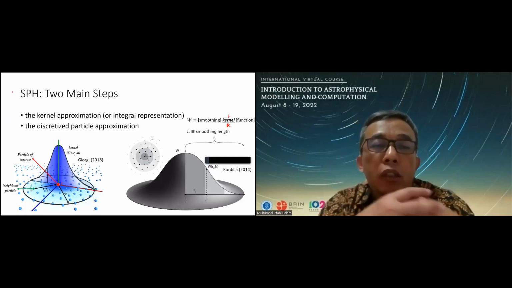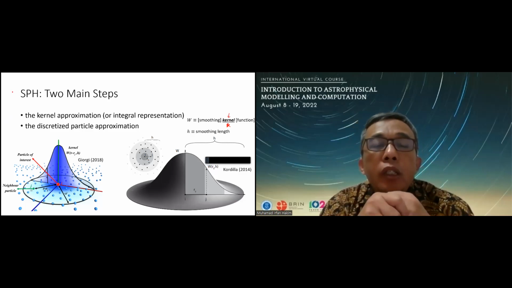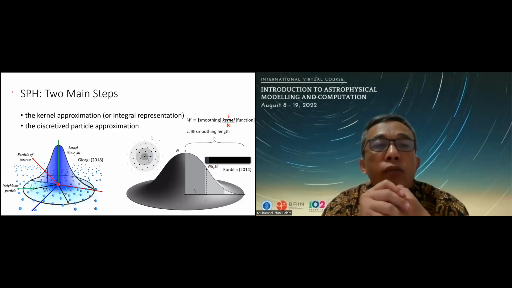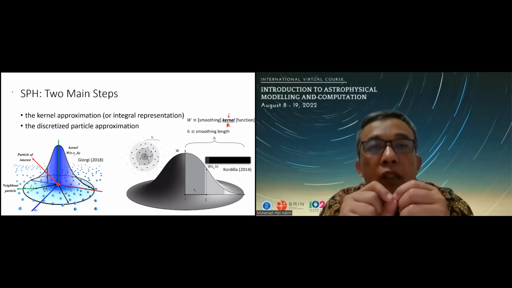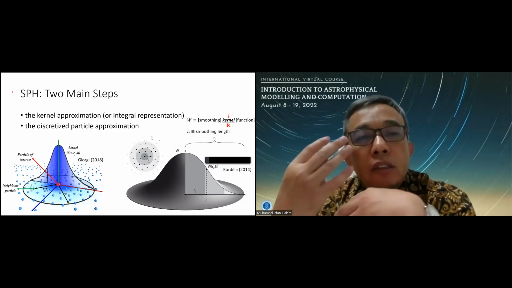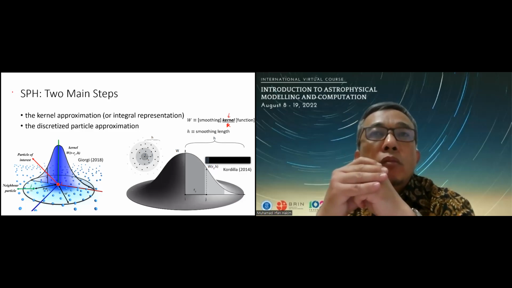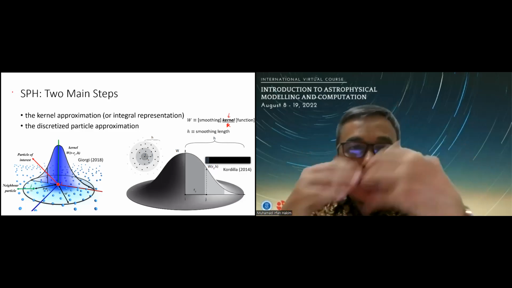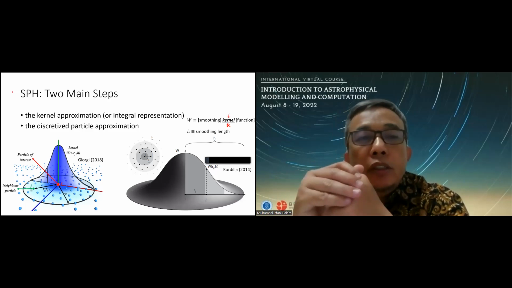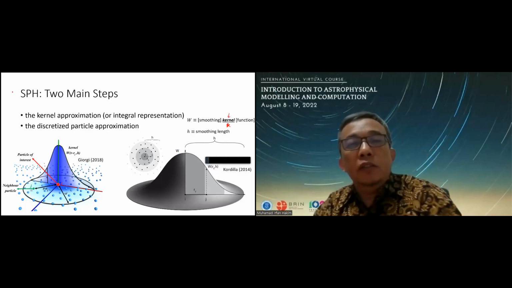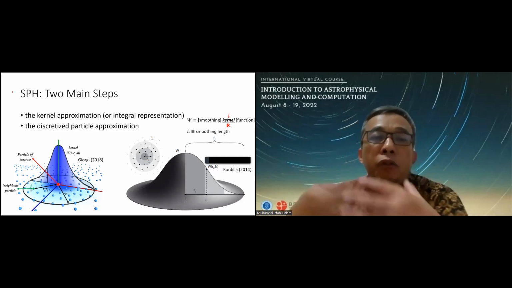So every time we do this calculation, we know the dynamics of every particle, and we follow every particle in every time step. By doing this, we call this a Lagrangian approach. We follow the particle. We are moving with the particles.